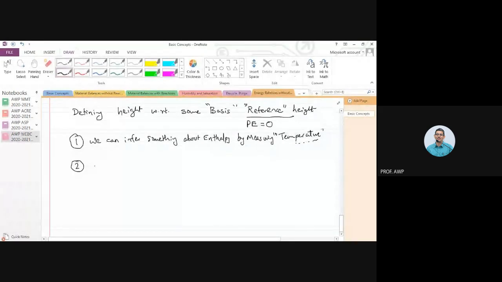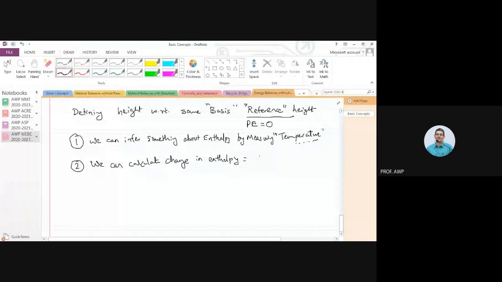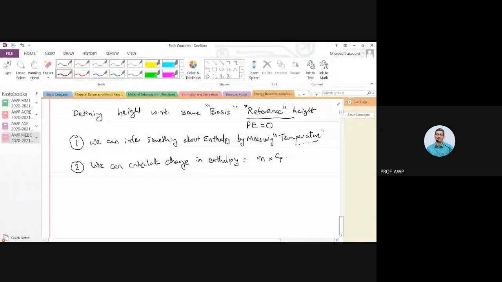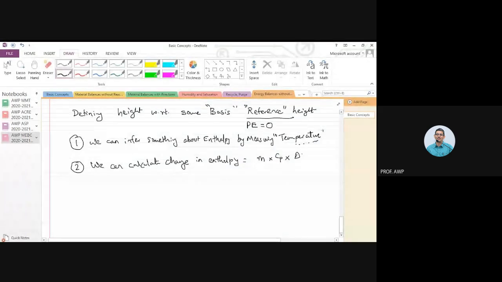Second thing is we can calculate change of enthalpy by finding out the mass of that substance, finding out the specific heat of that substance, and finding out the change of temperature.